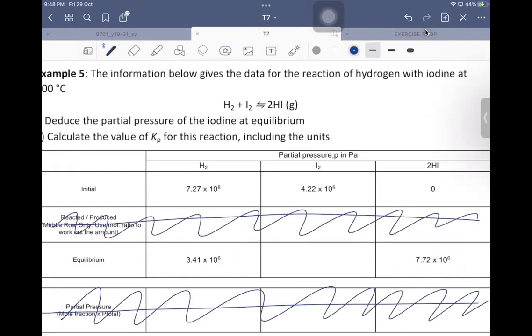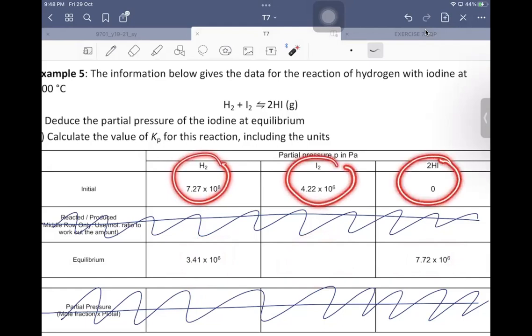Okay. The first thing is I need to know the total pressure. If I know the total pressure, at least I can add up. I can work out hydrogen plus hydrogen iodide plus iodine. However, I know initially the partial pressure of my hydrogen and iodine and hydrogen iodide. I can add them up to get my total pressure.